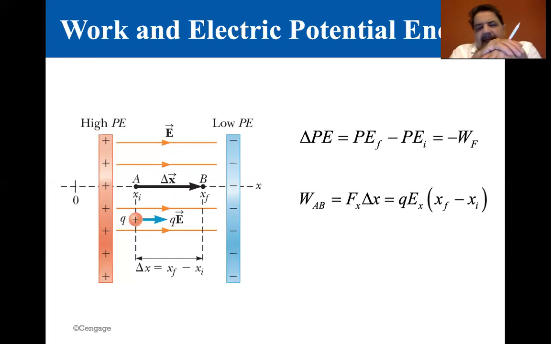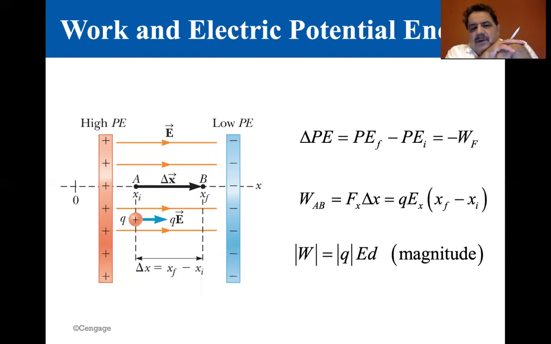In this case, it's right in line with the electric field. So the work from A to B is equal to force times delta X equals Q E_x times X final minus X initial. So the absolute value of the work is equal to the absolute value of the charge times the electric field times the distance that it travels. Well, we know that work is equal to force times distance.